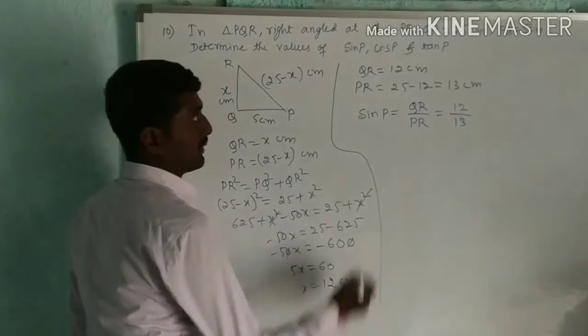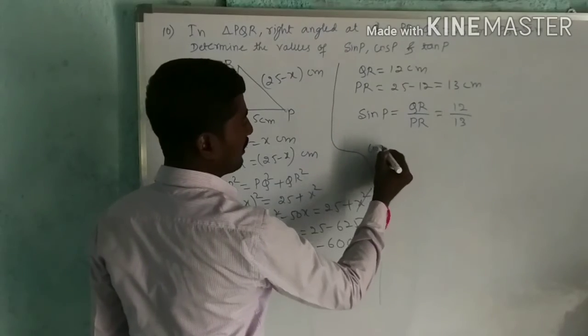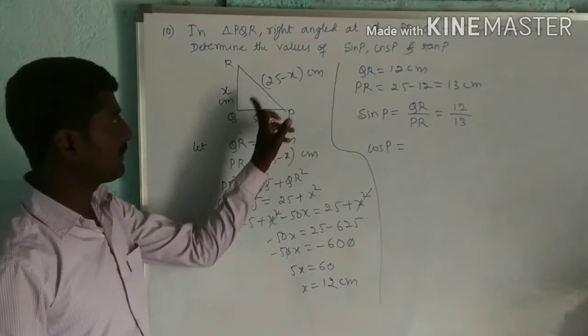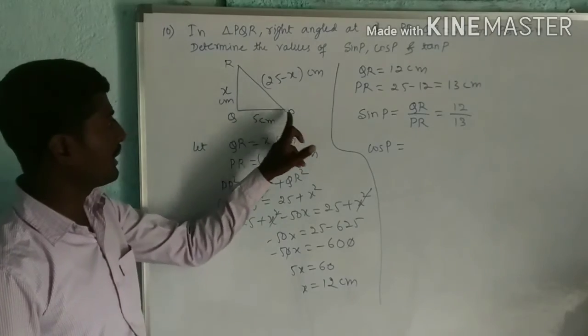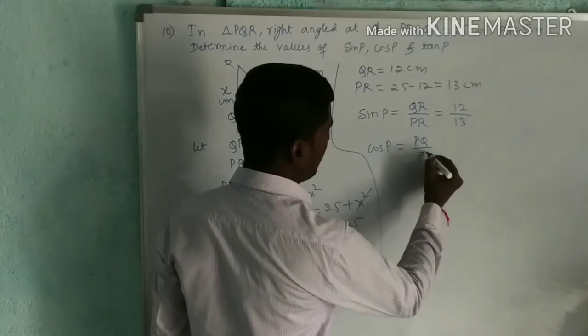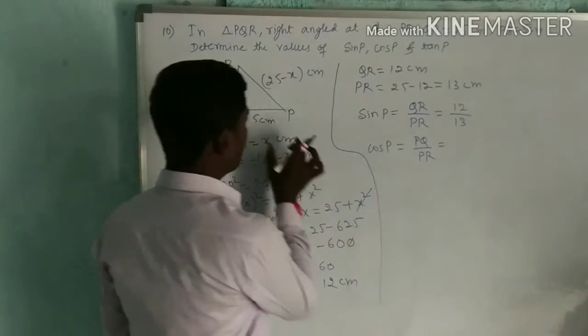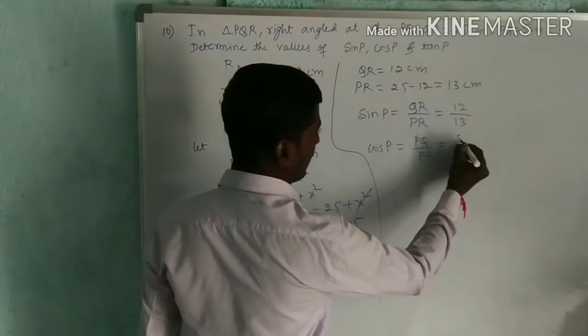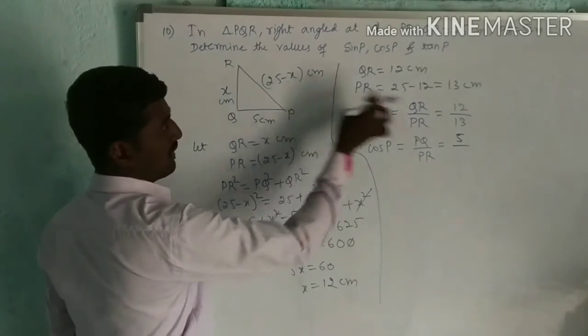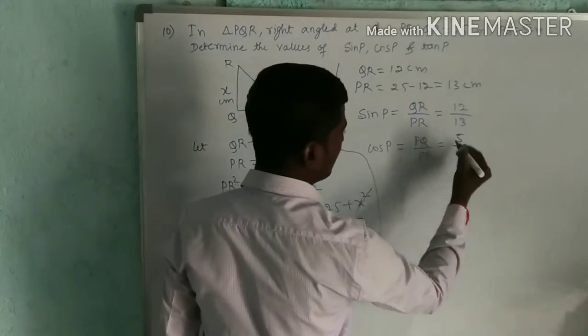Now another one, cos P. Cos P is equal to, cos is nothing but adjacent by hypotenuse, that is PQ divided by PR. PQ value is 5 centimeter, they given here, divided by, now PR value just now I got, that is 13 centimeter.